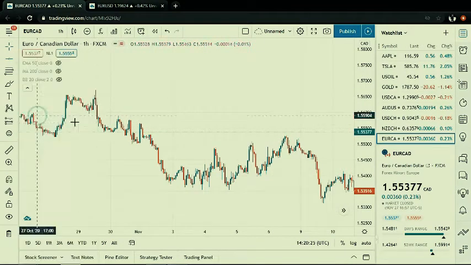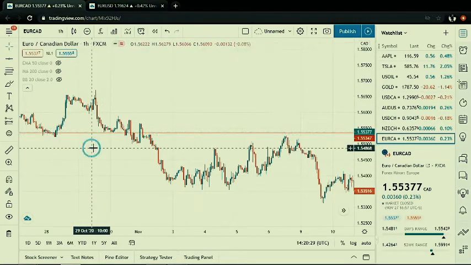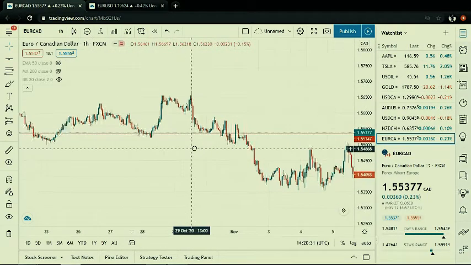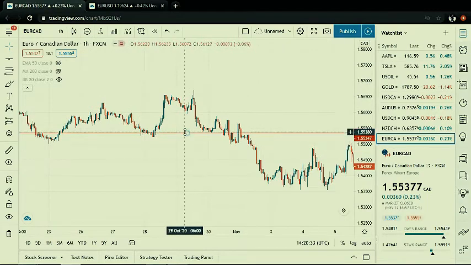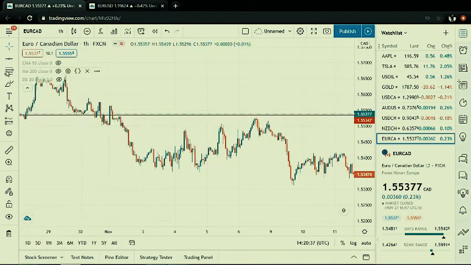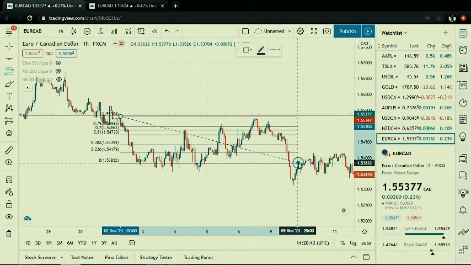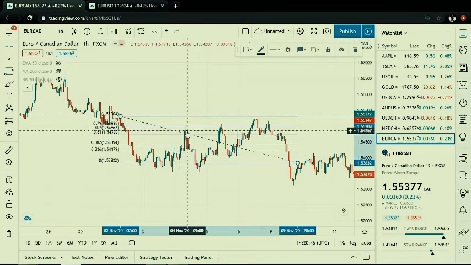This is the lowest point, the initial low point. Okay. Say we run our fib from this place down. Alright, so we have a nice 70 bounce here, and we could have traded this 70.